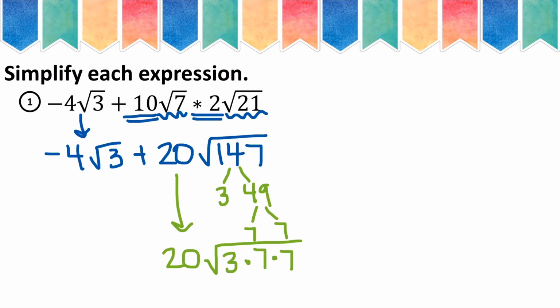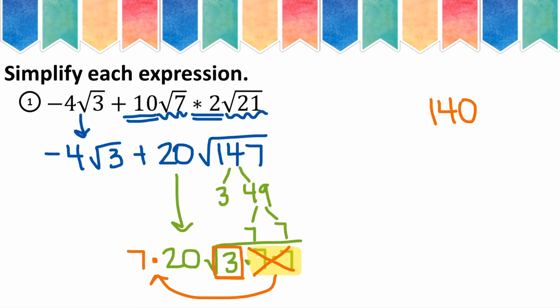And whenever we are simplifying square roots, we look for two numbers that are the same, 7 and 7. So I will cross this 7 out, and we will move it to the front. So now what this becomes, 7 multiplied by 20 becomes 140. And this 3 that was left over is going to stay the square root of 3.